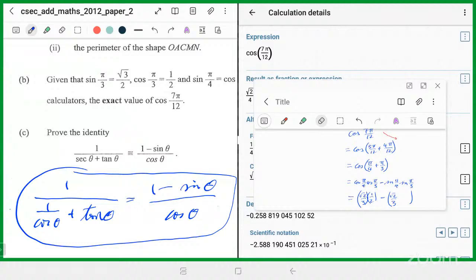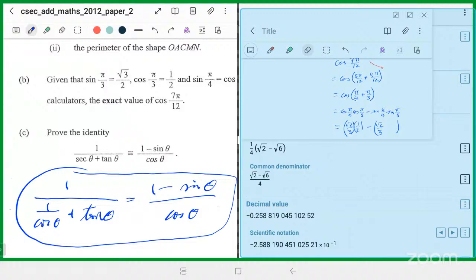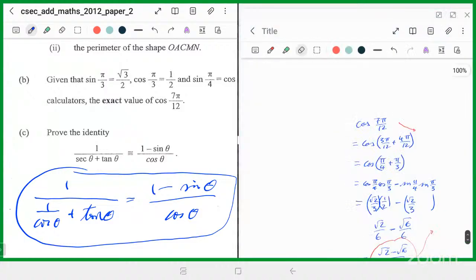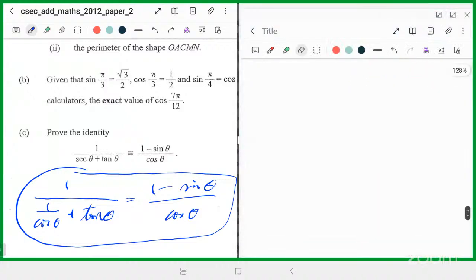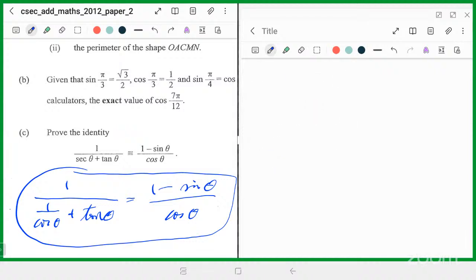Let's do it right here. Again, we're going to start with the left side and work towards the right side. Keep an eye on what you're trying to get.